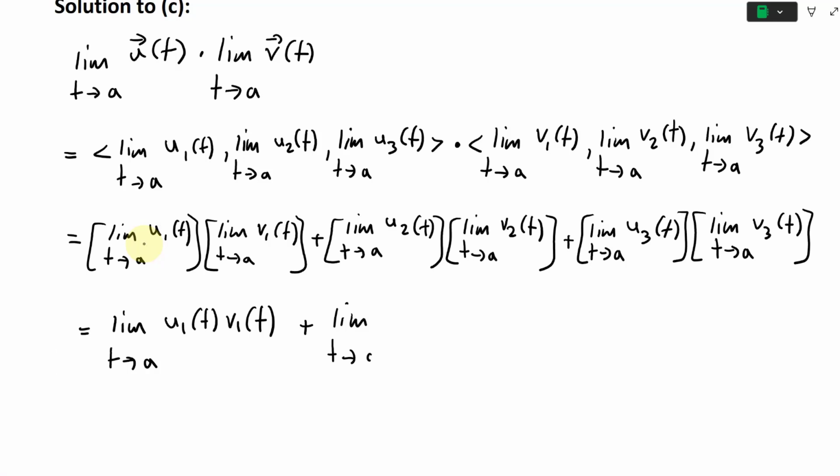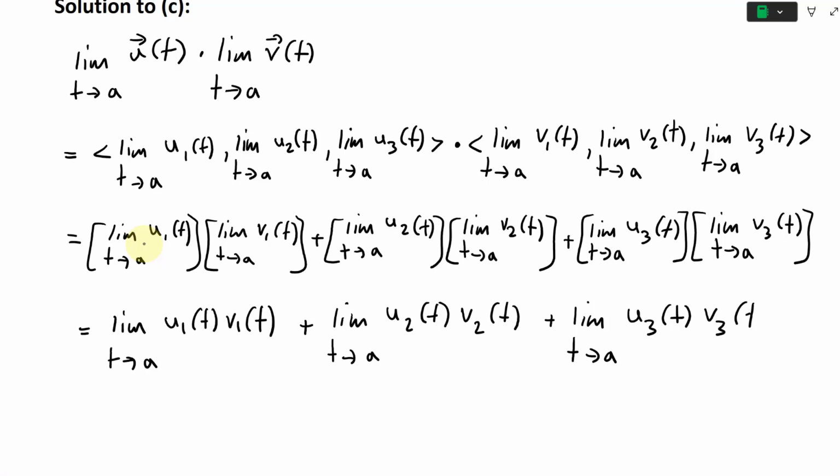This is going to be u2 of t times v2 of t, and then plus limit t approaches a of u3 of t times v3 of t, like that.